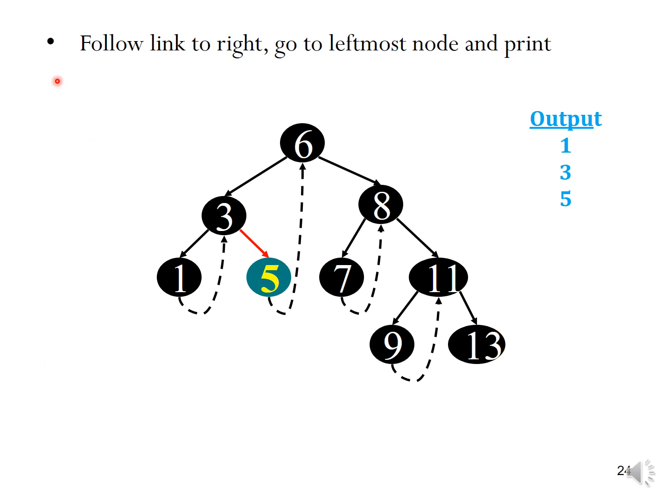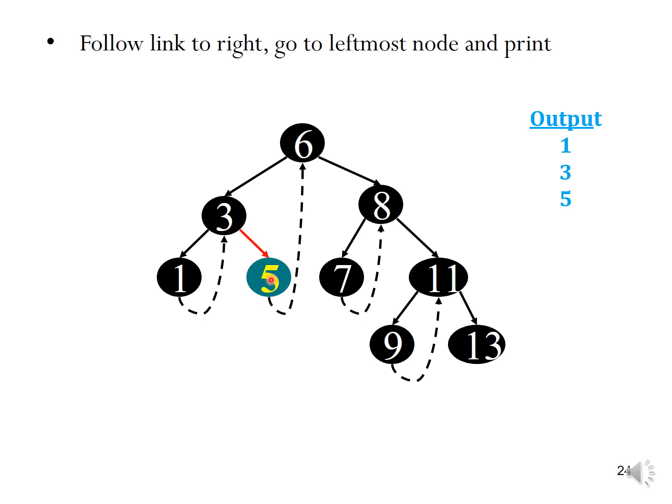Now we will follow the link to the right, and the link to the right of 3 goes up to 5, and after following this link we have to go to the leftmost node and then print. This 5 is the right child of node 3.